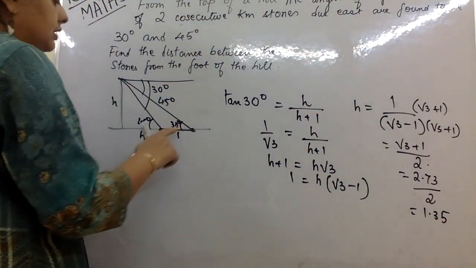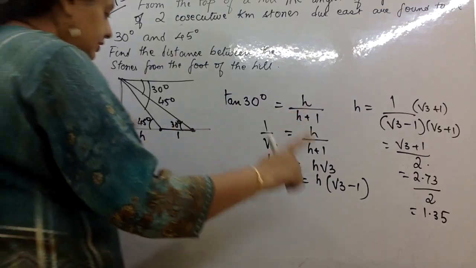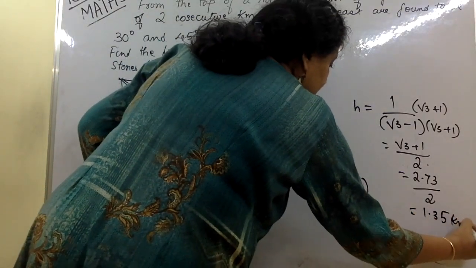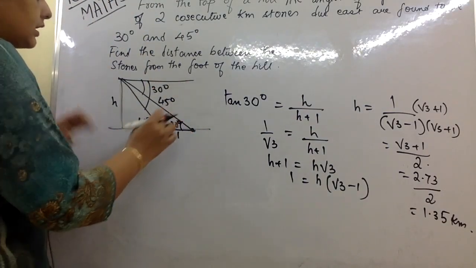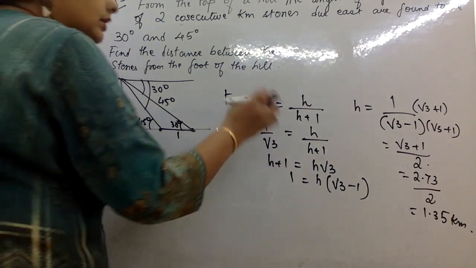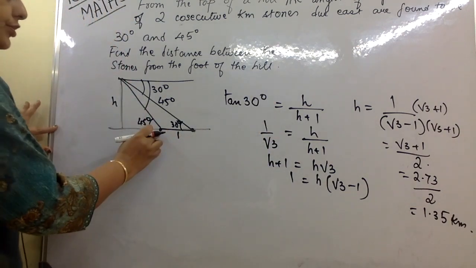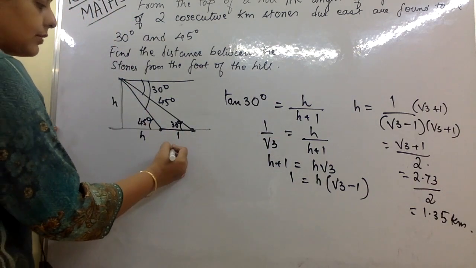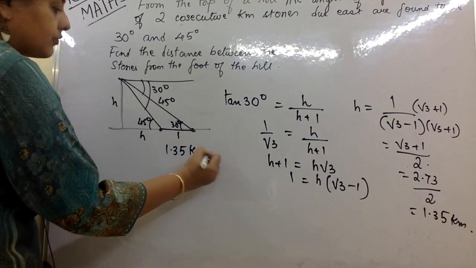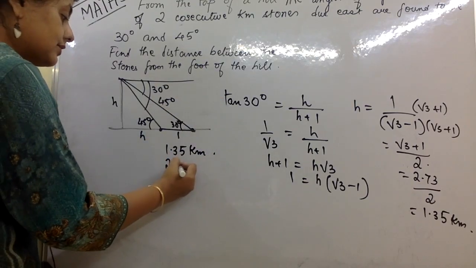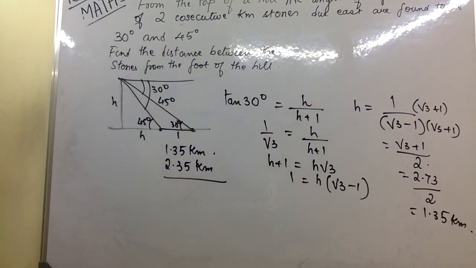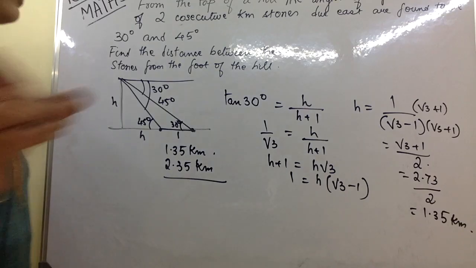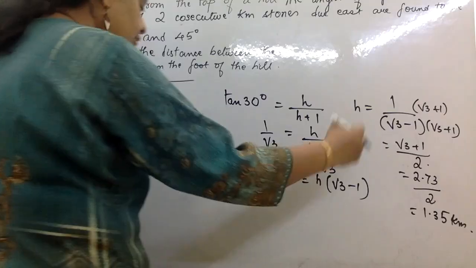So h, the distance here to here, is 1.35 kilometer. Remember, the full sum is in kilometer. This was in kilometer, so this will also come in kilometer. The first stone is at a distance of 1.35 kilometer from the foot of the hill, and the second stone is at a distance of 2.35 kilometer. If you can get one more digit, you can round it off also.